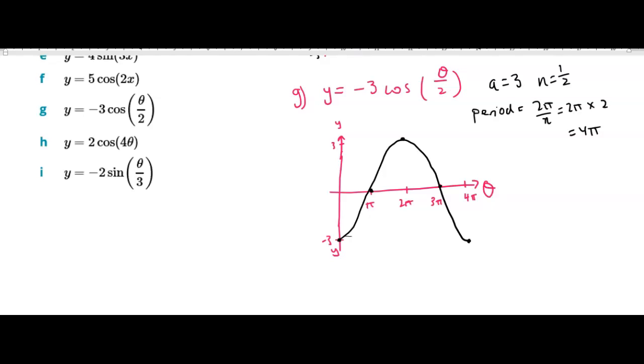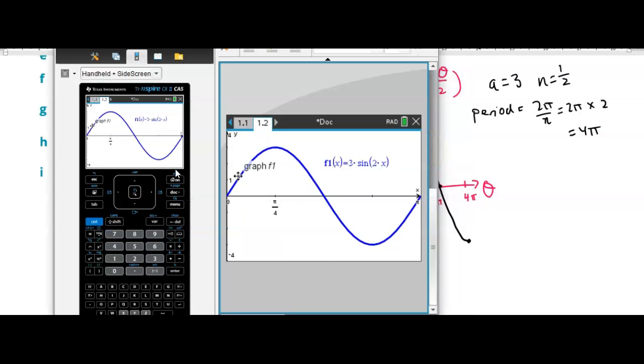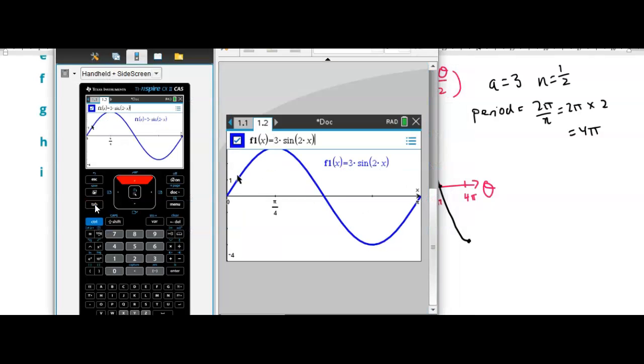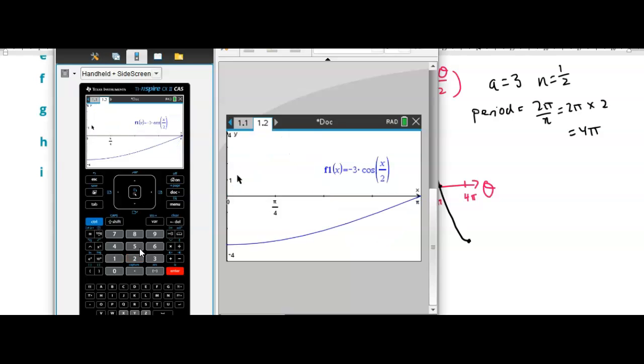Okay, so let's put that into the calculator. So just change what I had. So it's now -3 cos, what was it? X on 2. Okay, and you're like, oh, I can't see it at the moment.